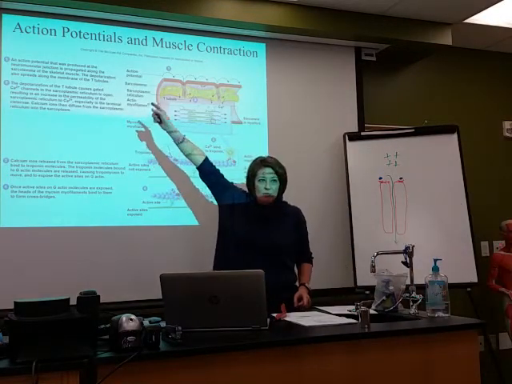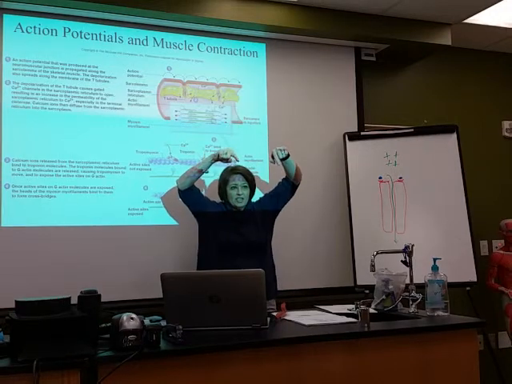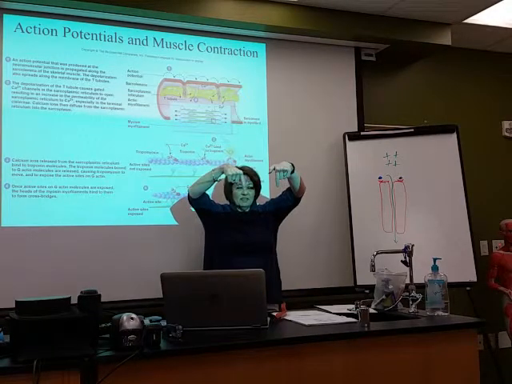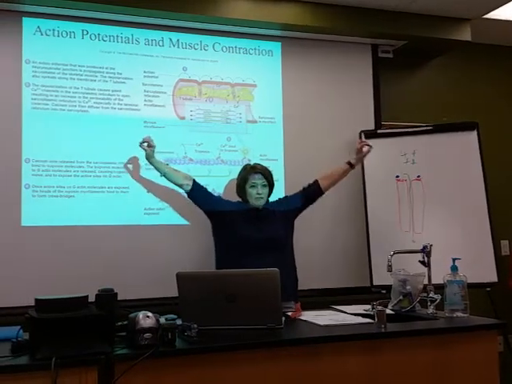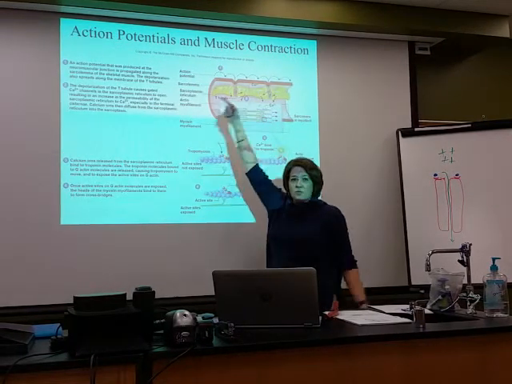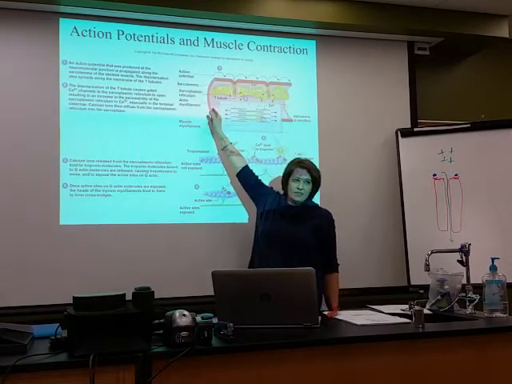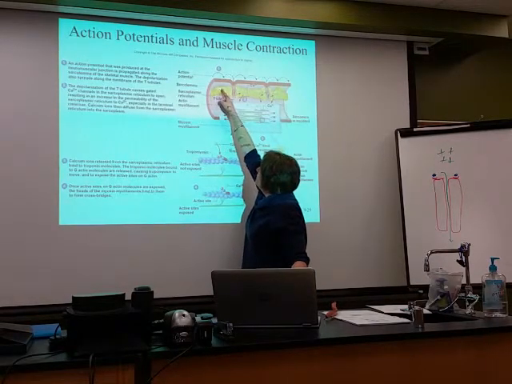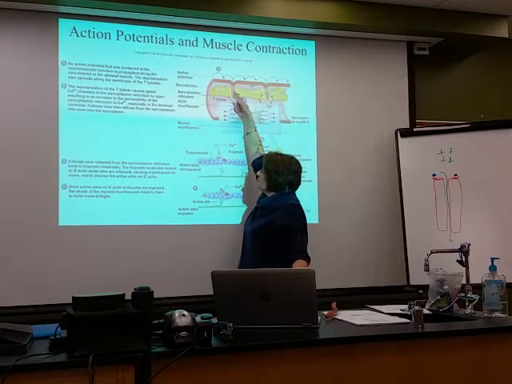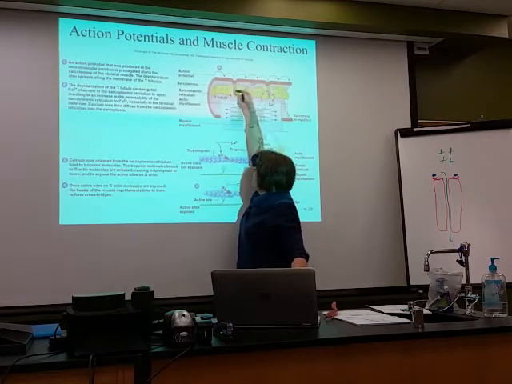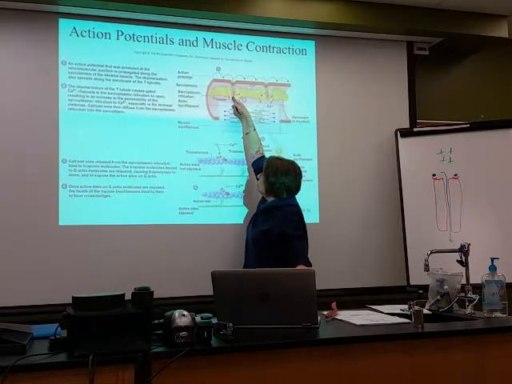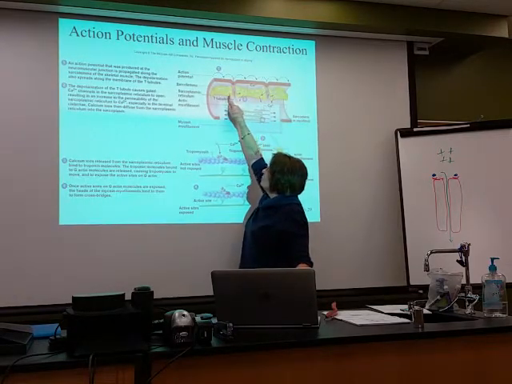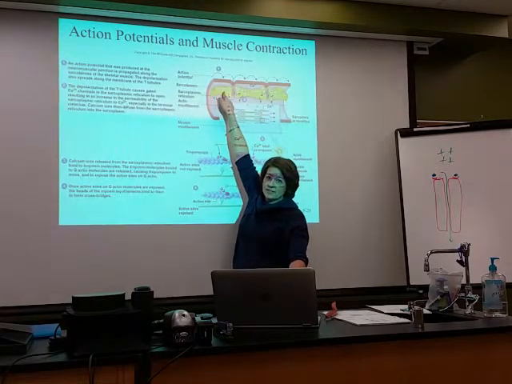So now, if I got that action potential, I got the influx of the sodium, I got it traveling, the way that we're going to pass the information is we're going to go from that action potential into the T tubule. The T tubule contains calcium.